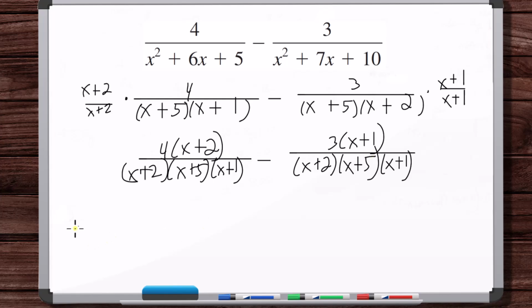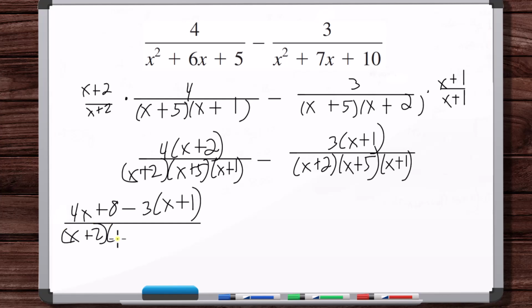Okay, so it's going to be 4x plus 8, and then minus 3 times (x plus 1), over (x plus 2), (x plus 5), (x plus 1). Okay, so we've got 4x plus 8 minus 3x minus 3, which is going to be x plus 5.